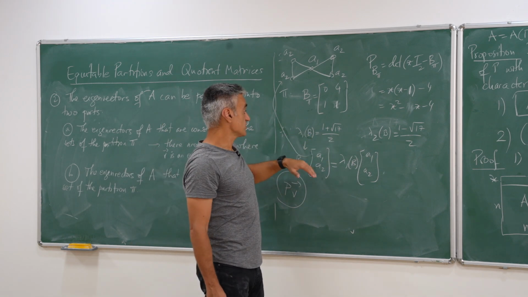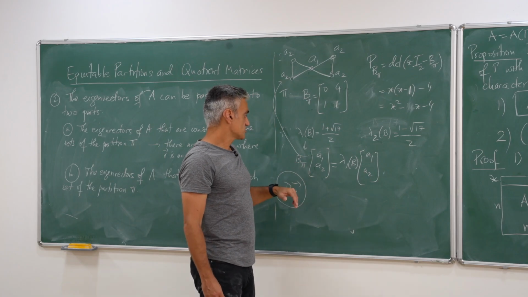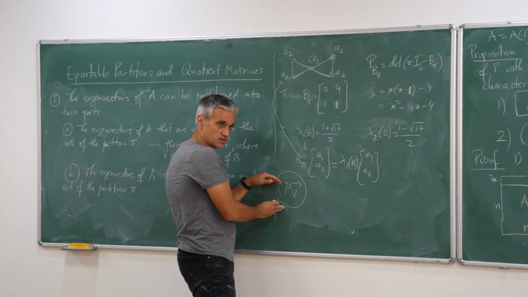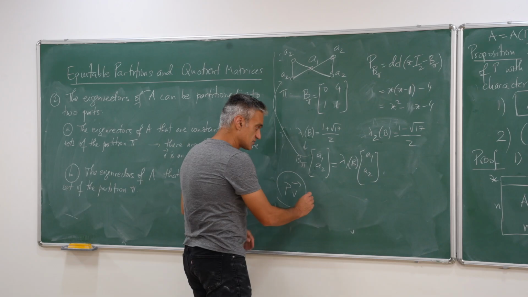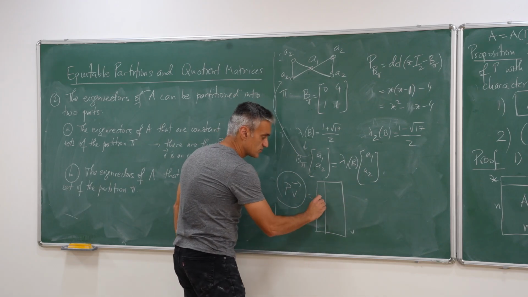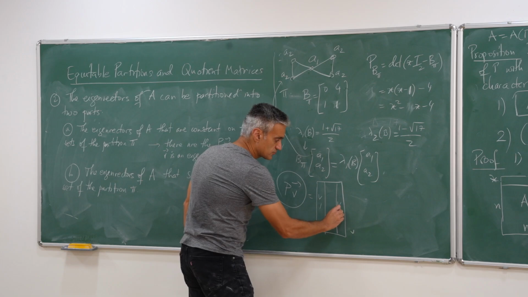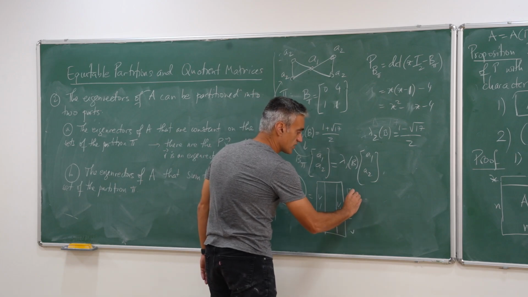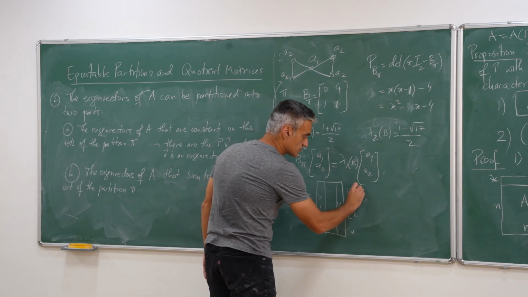So whenever you have an eigenvector for this B, let's think what this PV gives us. So P is going to be something like this. So you have V1, blah, blah, blah, VK. And here you have maybe the same thing, A1, blah, blah, blah, AK.